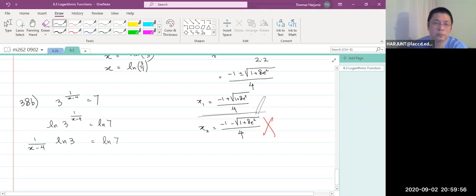Then natural log of 3 over natural log of 7 equals x minus 4. I wonder if you can see that. I bring this to the right hand side, so it is on the top. ln 7, I bring it down.